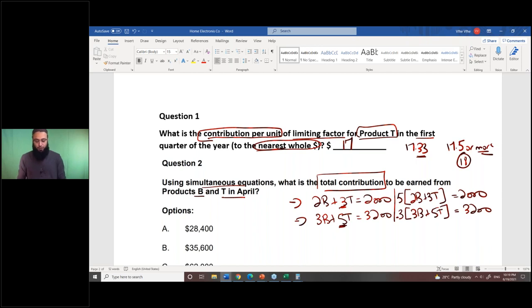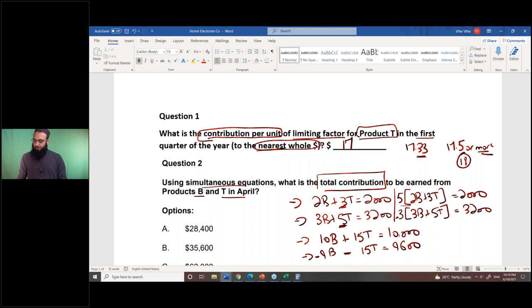So let's solve this further. What will be the situation? Equation 1: 10b plus 15t is equal to 5 twos are 10,000, right? Second: minus 9b, negative because I've used the negative sign here, minus 15t, negative, equals 9,600.